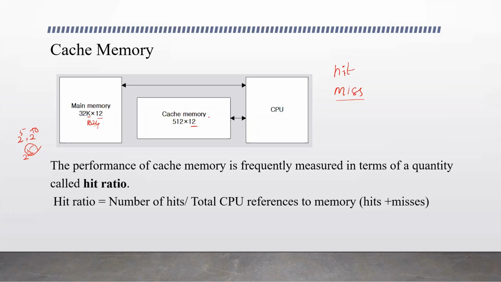If it is full, some already existing word needs to be replaced by the new word that is moved from main memory. So which word can be replaced? For that we have replacement algorithms.